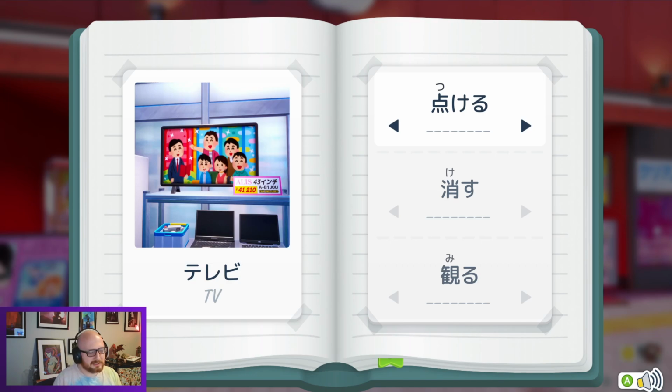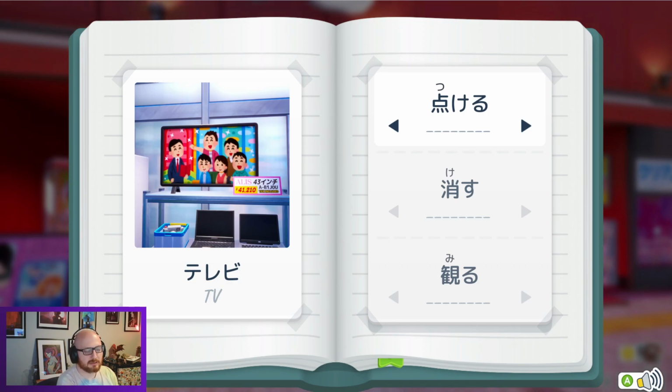So the cost of this is 41,210 yen, which is kind of close to $420. We'll just call it a nice even 420. And if you want to say that in Japanese, when we're counting and we get up to the 10,000 mark, we start kind of manning up, okay?